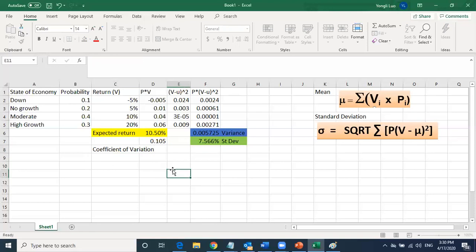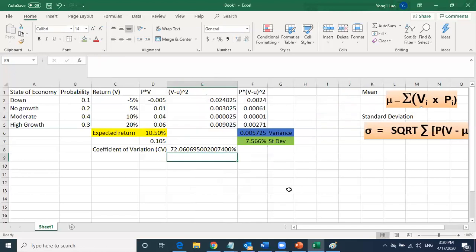Okay, you have a coefficient of variation. The coefficient of variation is called the CV. What is coefficient of variation? Coefficient of variation is the standard deviation divided by expected return.